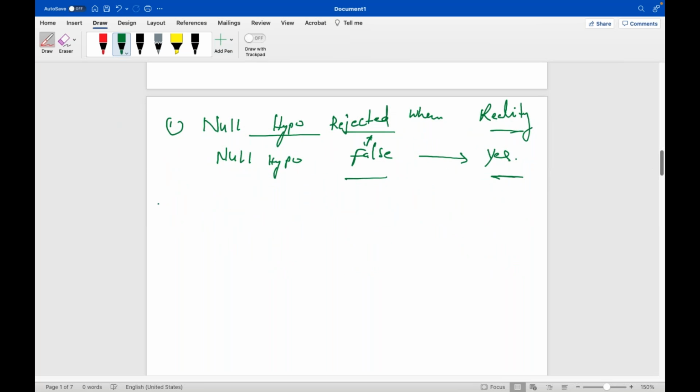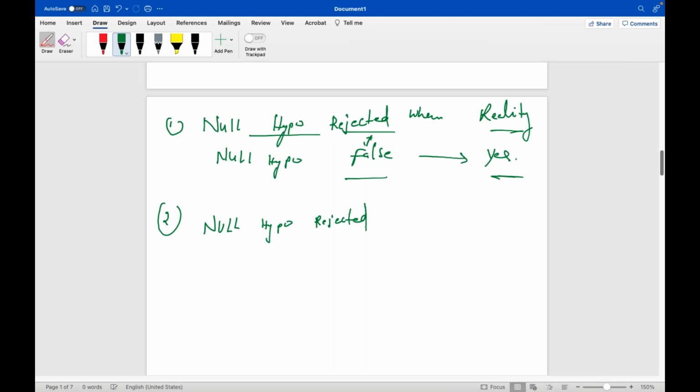And the second outcome is, sometimes maybe you did some wrong calculations, and you are proving that the null hypothesis is rejected.